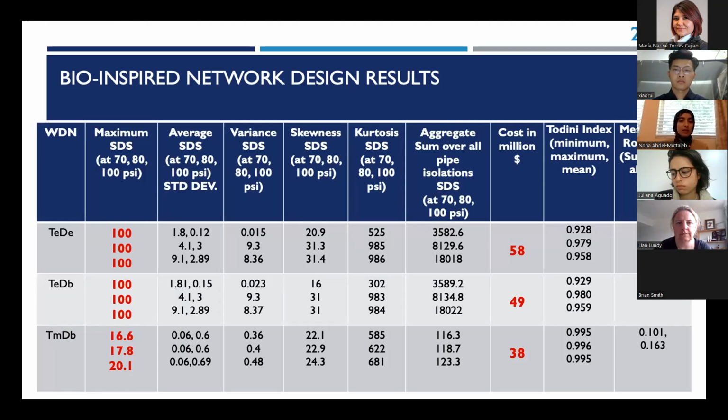And this table really highlights this, especially with the maximum system demand shortfall. It's very easy to see with the maximum, even though it's consistent for all of the other statistics as well. For 3 tested operational pressures, we see that the forward model connectivity with the bio-inspired diameters outperformed.